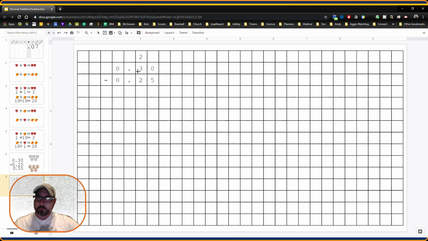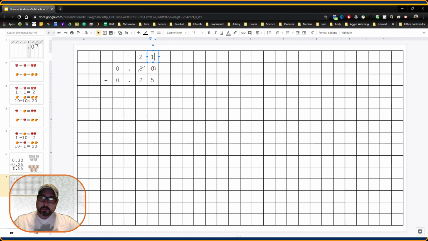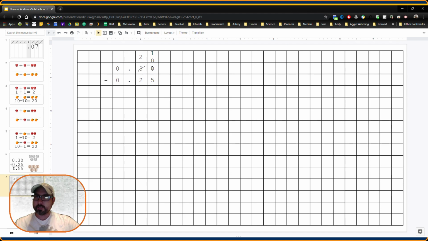We'll cross that out. So then this is going to become a 10, which doesn't fit in there, but you get the idea. We'll cross that out. So now I have 10 over here. 10 take away 5. It's going to give me an answer of 5.